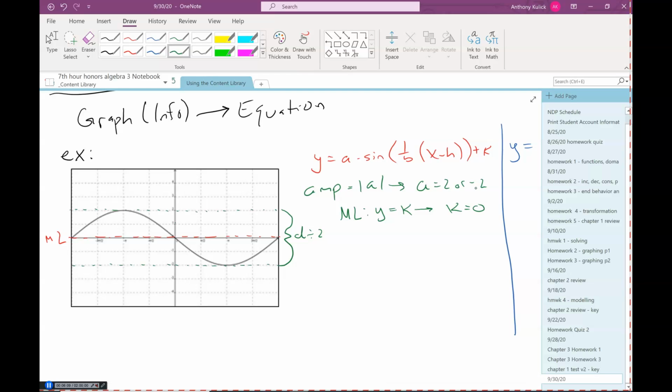We remember that the B value is related to the period. The period is 2 pi over the absolute value of B, and a period is basically one cycle for my graph.